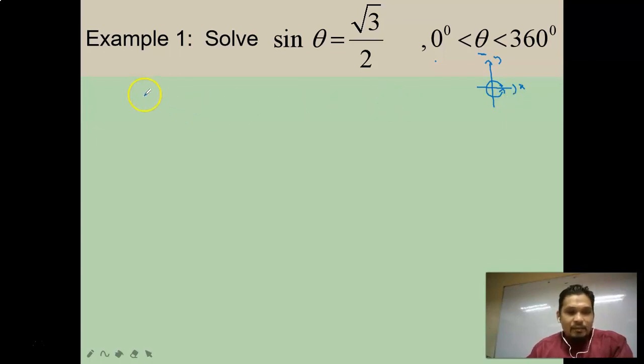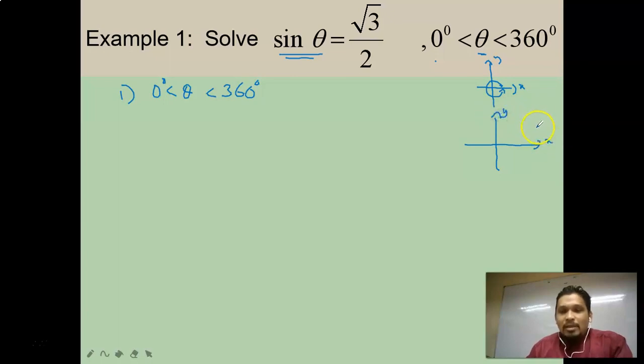So theta lies in between 0 to 360 degrees. And then for sine theta, please recall the previous lecture notes that we had in chapter 1, part 1 or part 2, if I'm not mistaken.